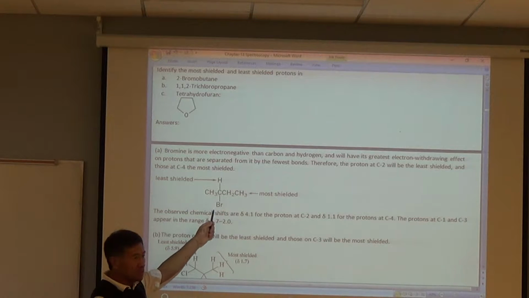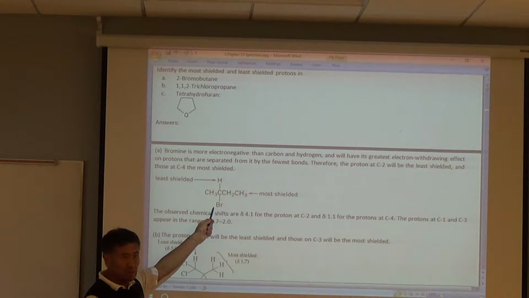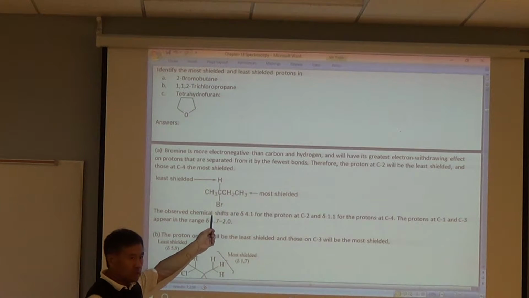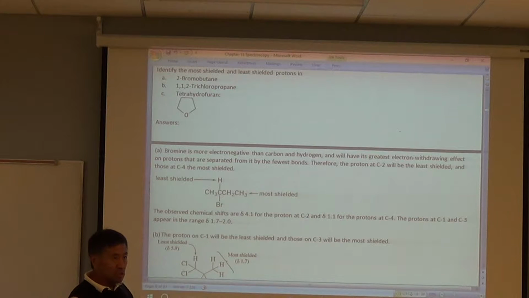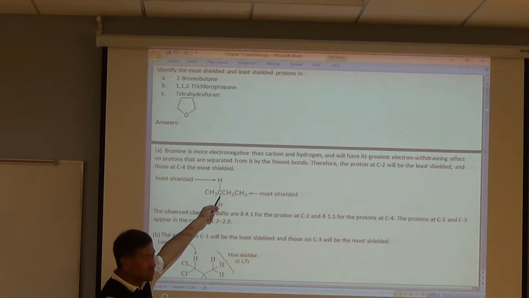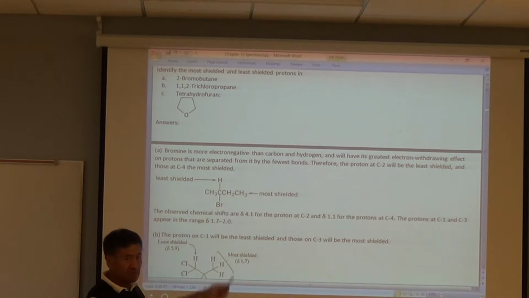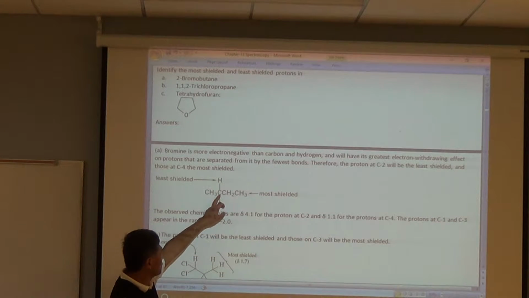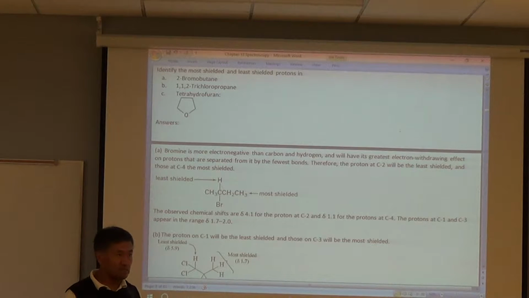In another sense, this methyl is far away from this Br. This methylene will be different, more downfield than that one, less shielded than that one, because this one is closer to the carbon that has the bromine directly. And the most deshielded, or least shielded, is this one, because this H is right on this carbon that has the bromine.